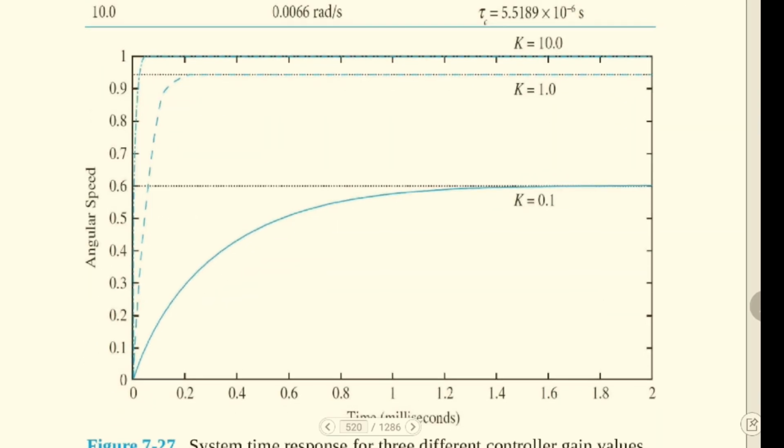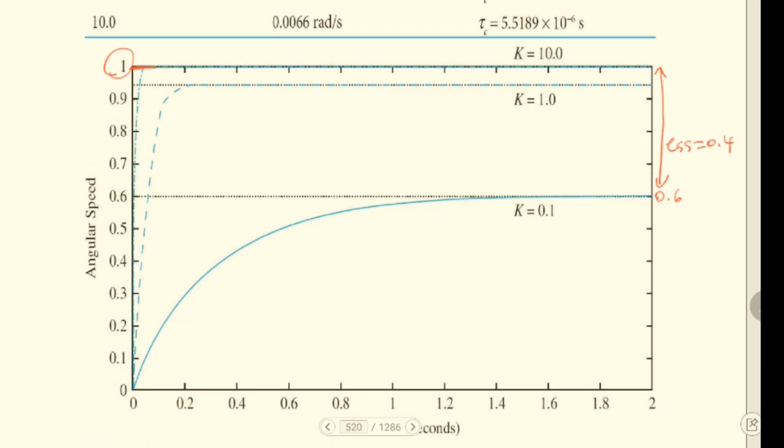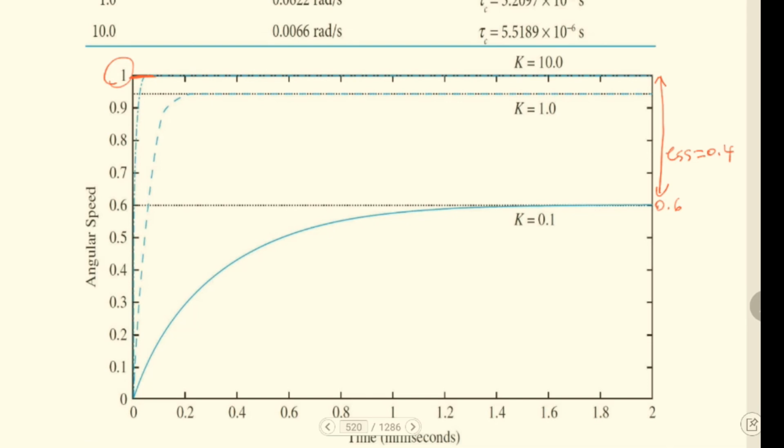The reference value is already 1. If you have 0.6 radian per second, as you see here, ESS will be 0.4. It is such an important difference, okay?